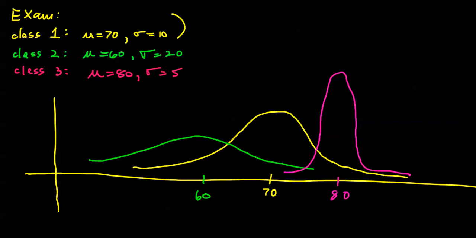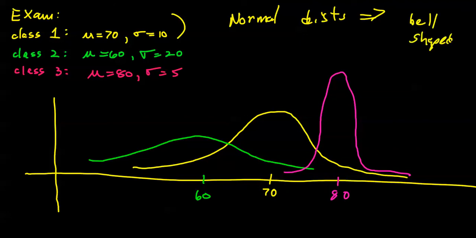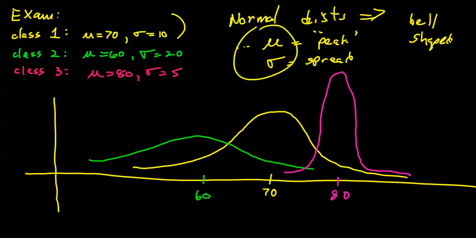The moral of the story here: normal distributions are always bell-shaped, and they're chiefly characterized by the mean, which is the peak of the bell, and the standard deviation, which measures the relative spread. Mean and standard deviation: where is the center of the data and how much is it spread?